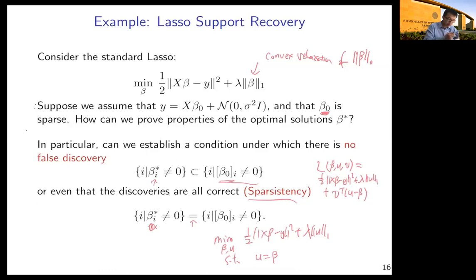We can work out the gradient, and the gradient is x beta minus y is equal to v, since we're subtracting beta here.